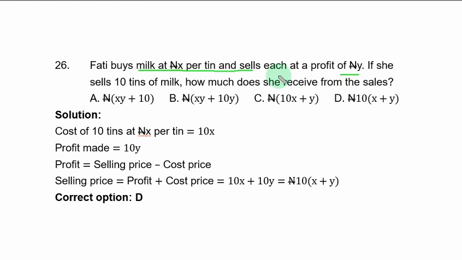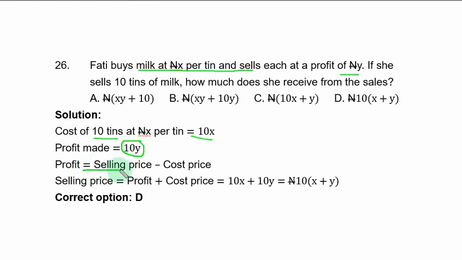We are interested in the selling price. Now, if she sells 10 tins, that means she bought 10 as well. So the cost price of 1 is S. So the cost price of 10 is 10S. The profit made is Y. Then for the 10, you have 10Y.